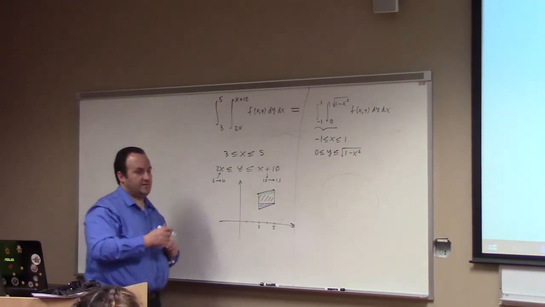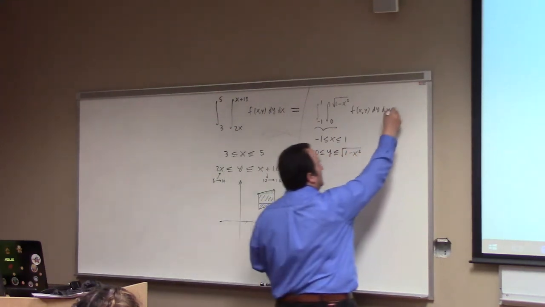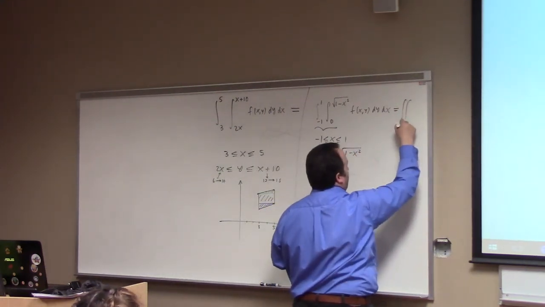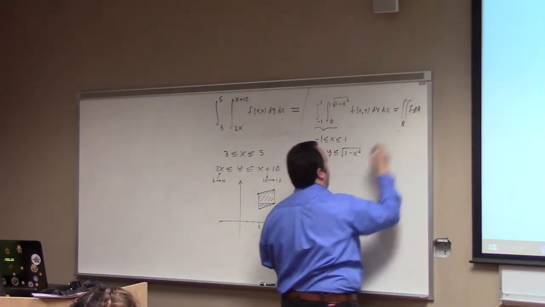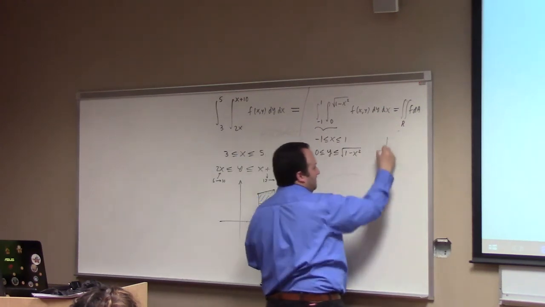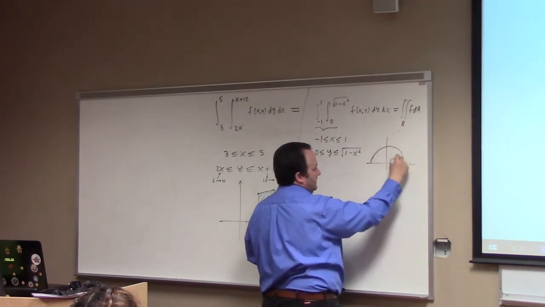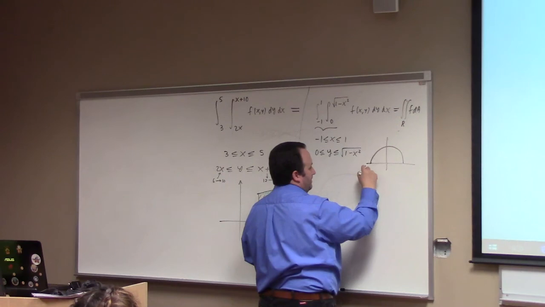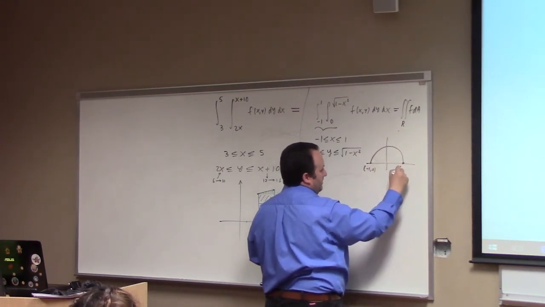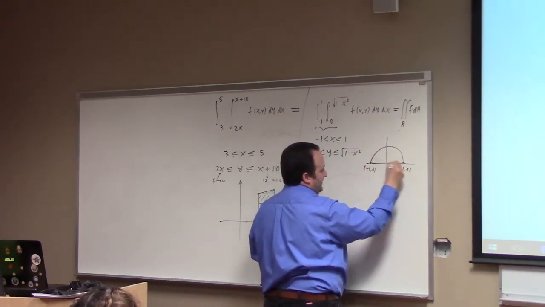If I draw a picture of the region here, this is the integral over some region of f dA, right? My point is that this region is actually this half circle, right?